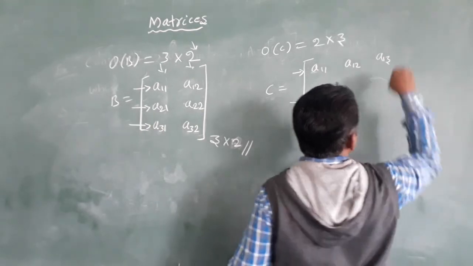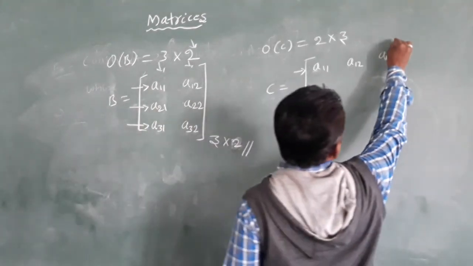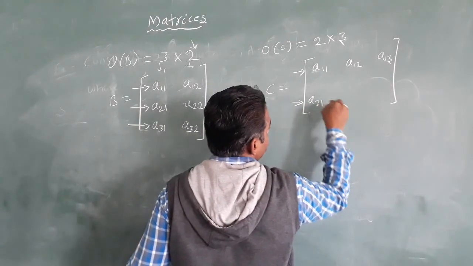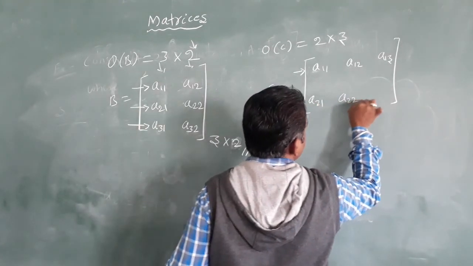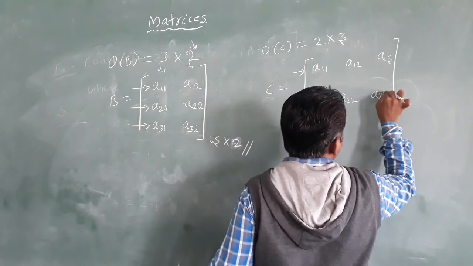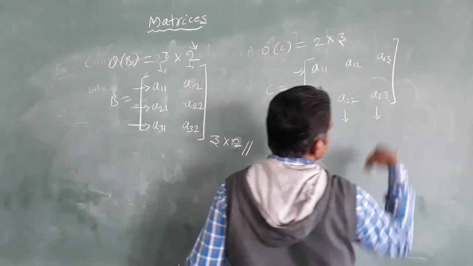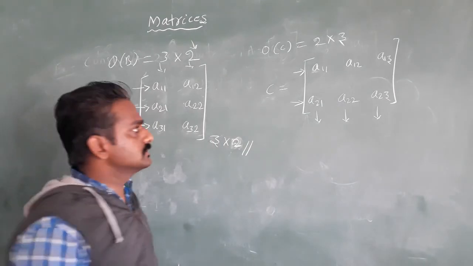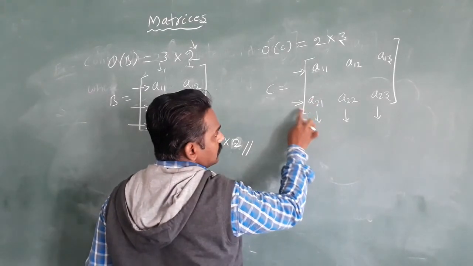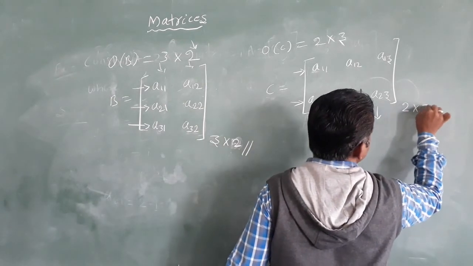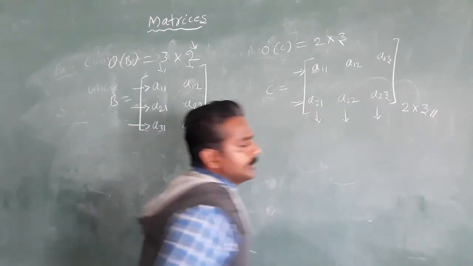First row, third column. Finished. Next, second row, first column. Second row, second column. Second row, third column. These are the 3 columns. First row, second row. First column, second column, third column. So it is a 2 cross 3 matrix.